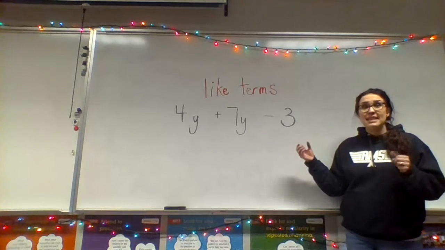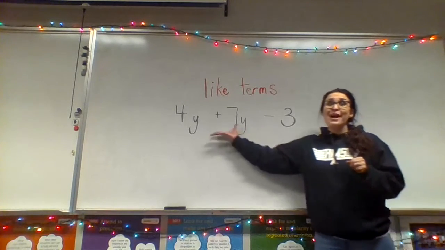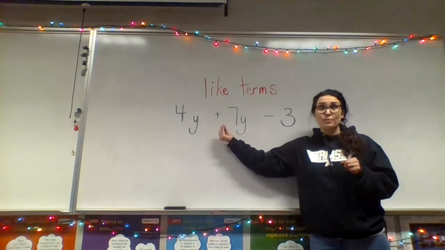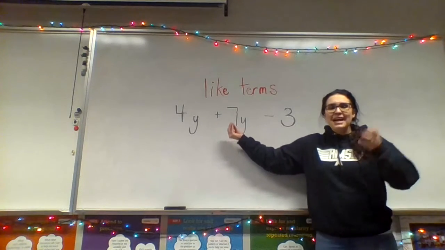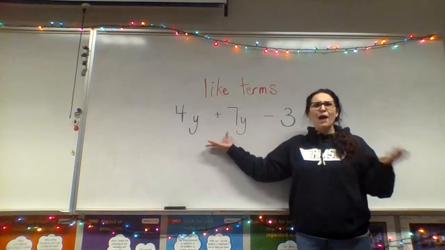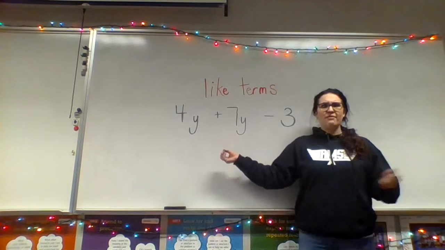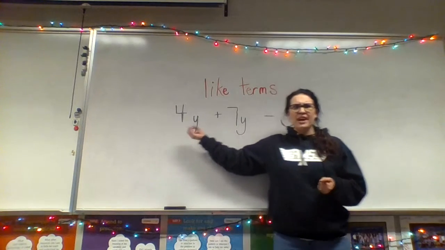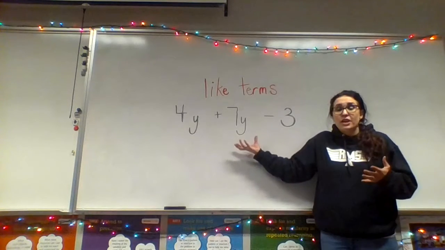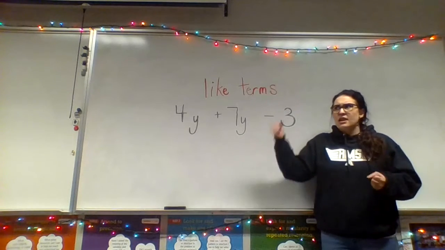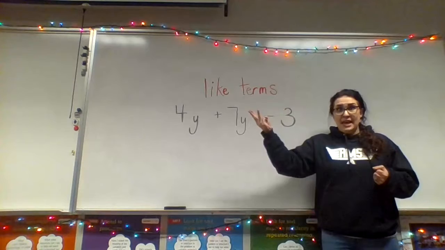So in this example, my friends, if I was trying to combine like terms in order to simplify it, essentially what I'm trying to say is, hey, how many y's do I actually have? I have 4 y's over here, and then I have 7 more y's over here. So let's see, 7, 8, 9, 10, 11.